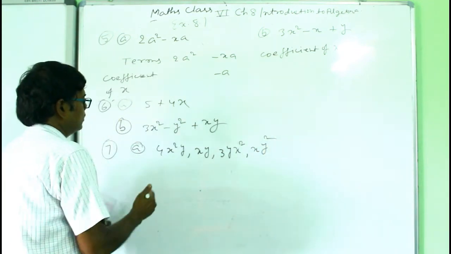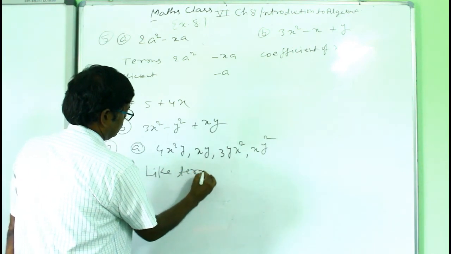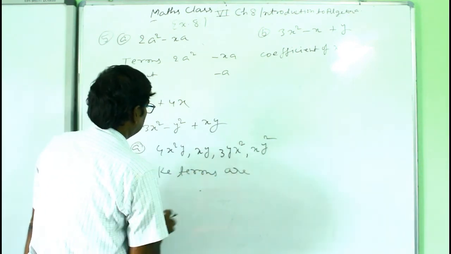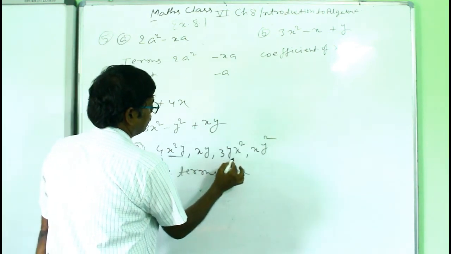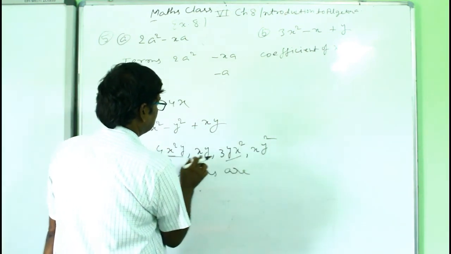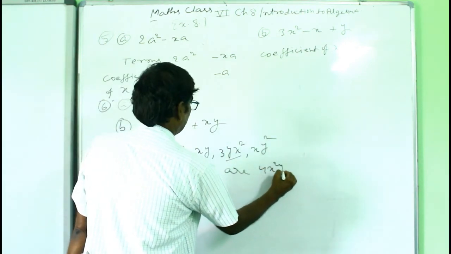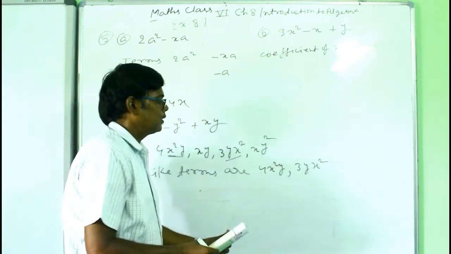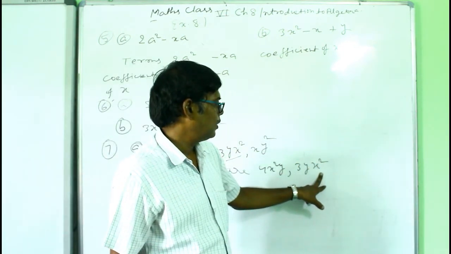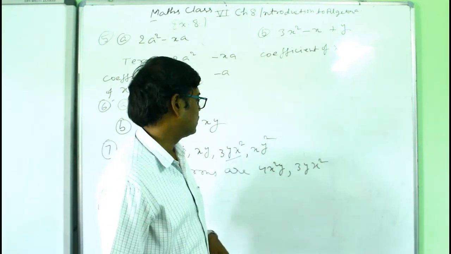Okay, so here the like terms are, see, x square y is here, x square y is here also. So these are the like terms. So here 4x square y and 3y x square. Whether it is written as y x square or x square y, it doesn't matter. Okay, so these are the like terms.